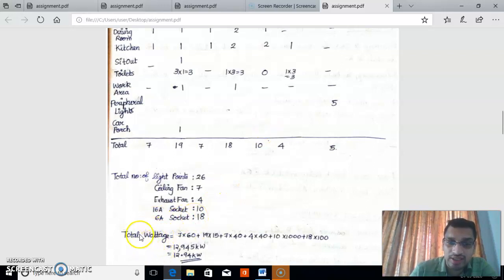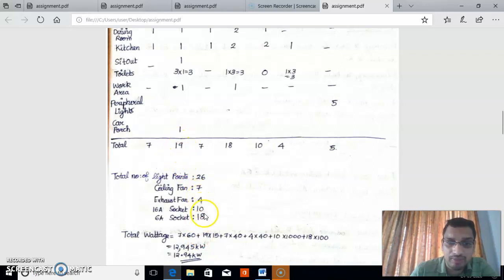And total wattage. How do we calculate total wattage, or connected load? This is the connected load or total wattage. So to calculate the connected load, 7 is the number of main lamps, and wattage of each lamp is 60 watts. So 7 into 60 plus 19, 19 is the number of WB.